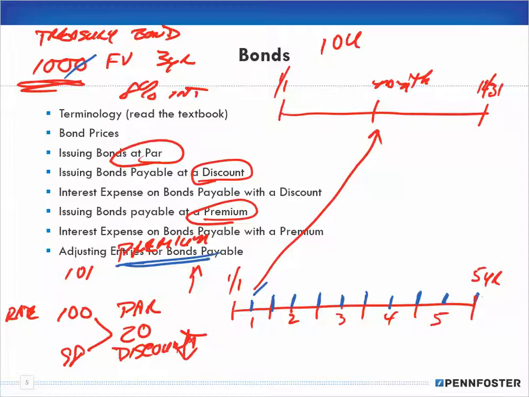Now, as I explain this, the thought might jump into your mind, why would I ever want to buy a bond at a premium? Remember, it's just like the stock market. What you're doing here is speculating whether the price will go up or down.